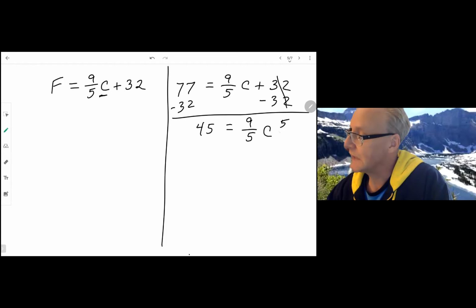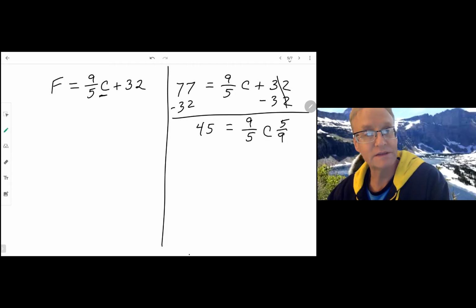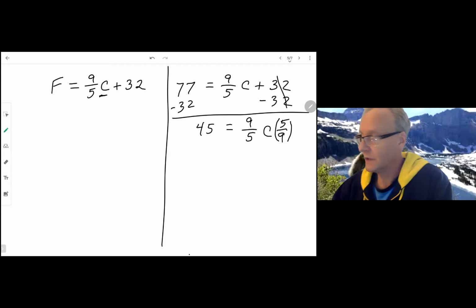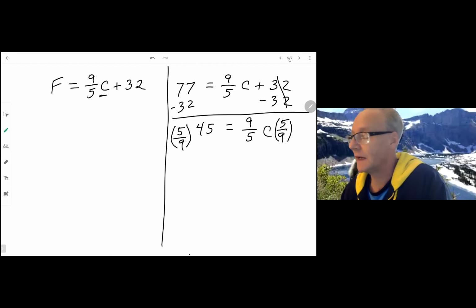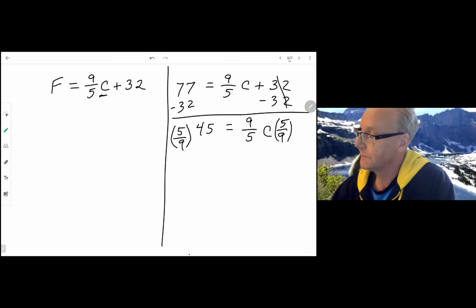And wouldn't it be nice to have a 9 to cancel with this 9 so that C is by itself? Well, that is exactly what I'm going to do. I am going to make it so. If that's what I want, that's what I can do. Remember, you can do anything you want to both sides of an equal sign, so long as you do it to both sides.